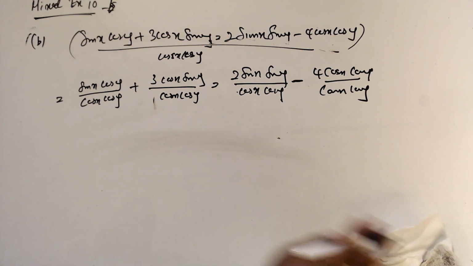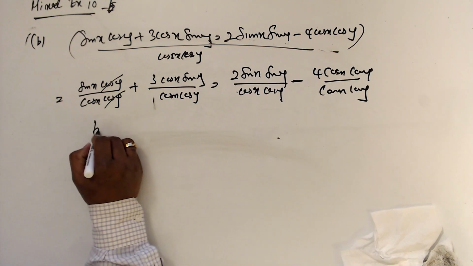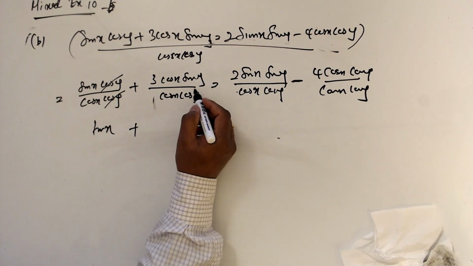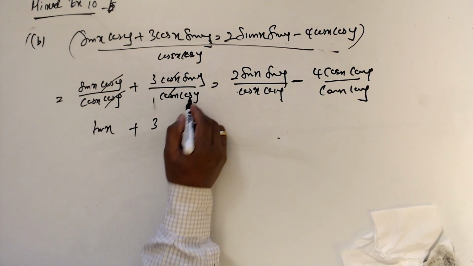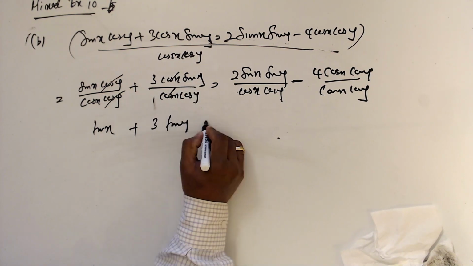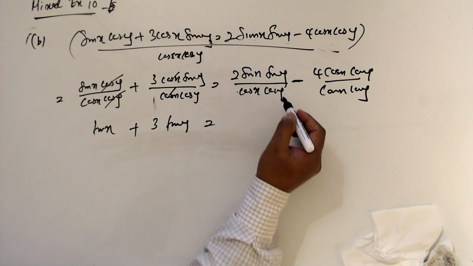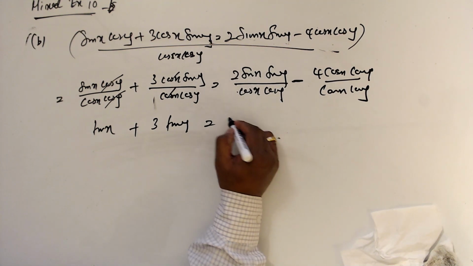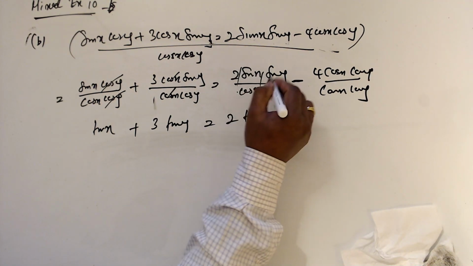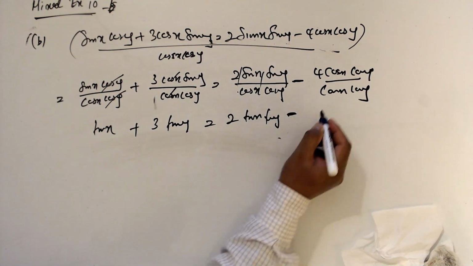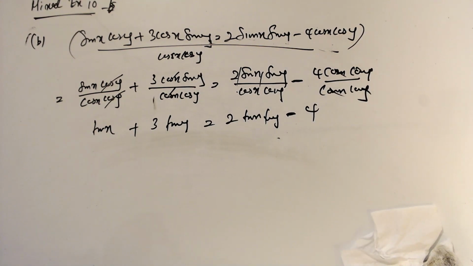So now cos y cancels out, tan x. In here cos x cancels out, 3 sin x divided by cos x, tan y. This is going to be 2 tan x tan y. Then this is going to cancel out and minus 4.